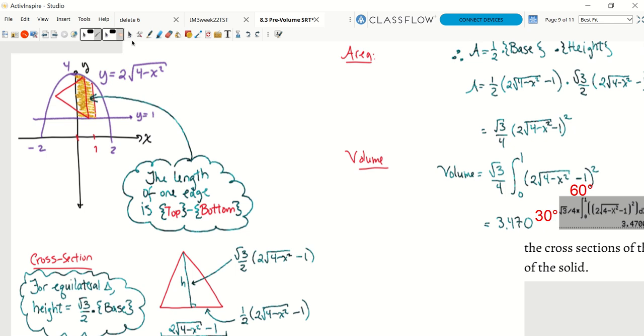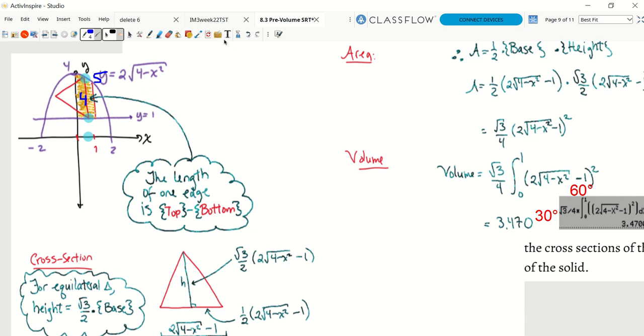Now, if the distance between blue to blue is 5, what's the distance of middle blue to top blue, which is what we're interested in? 4. Because it's 5 minus 1. Does that make sense?